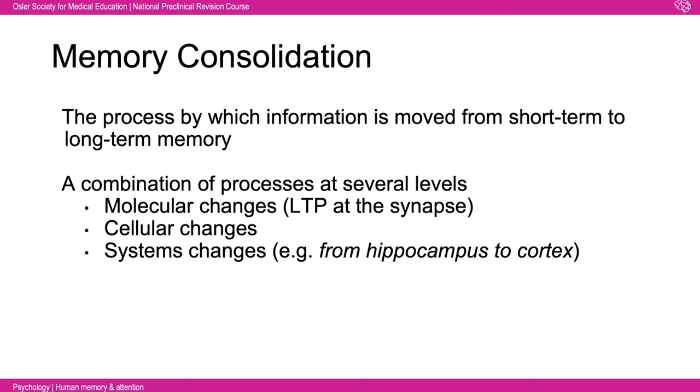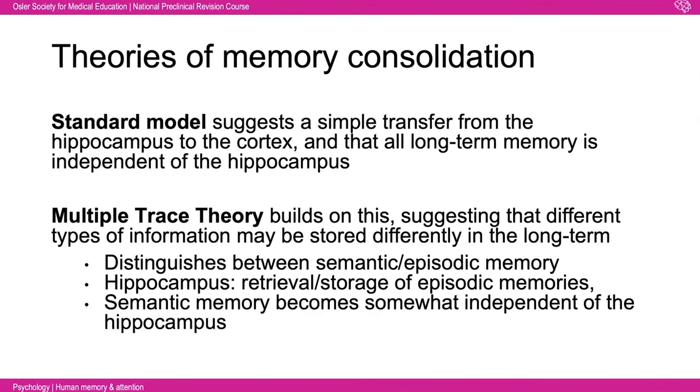And then probably most important to your understanding is systems changes. So short-term memory is classically thought to be more localized in the hippocampus, and long-term memory is classically localized more in the cortex.